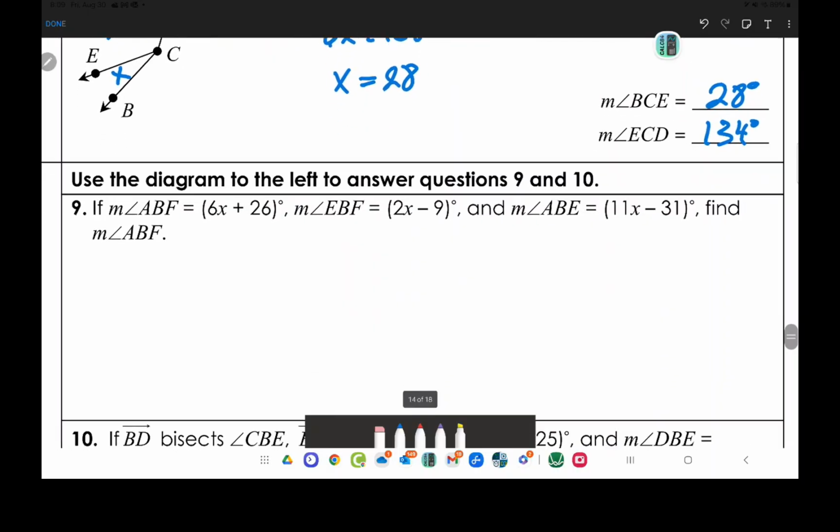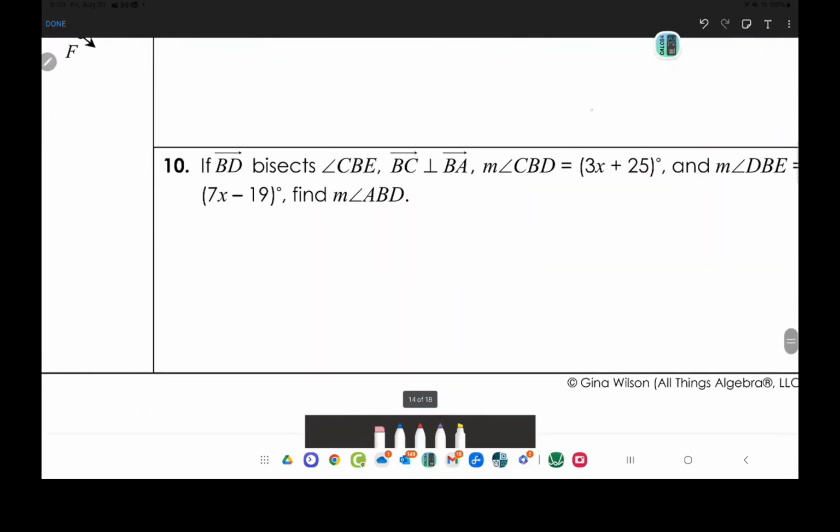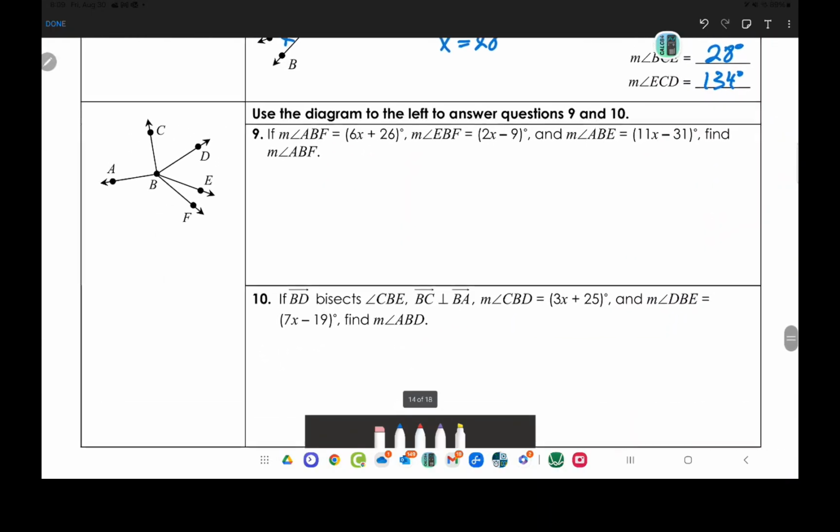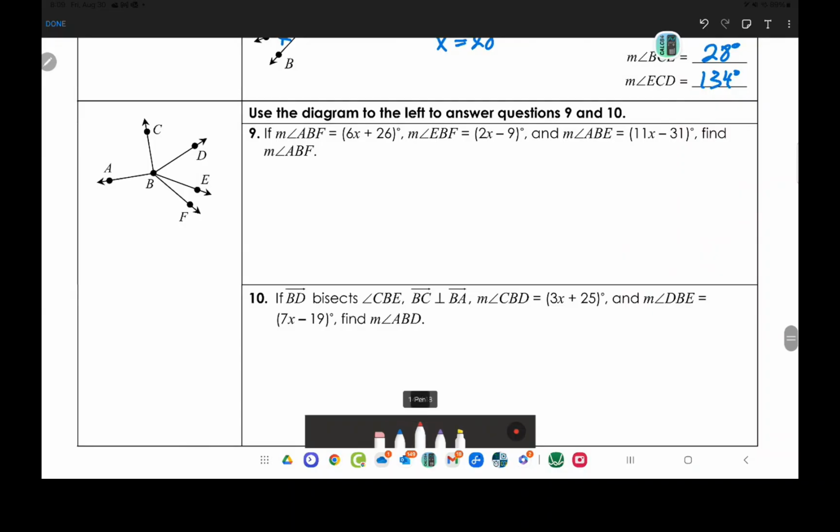All right, let's use the diagram to answer the following questions. Here we have ADF is 6x plus 26, and EBF is 2x minus 9.